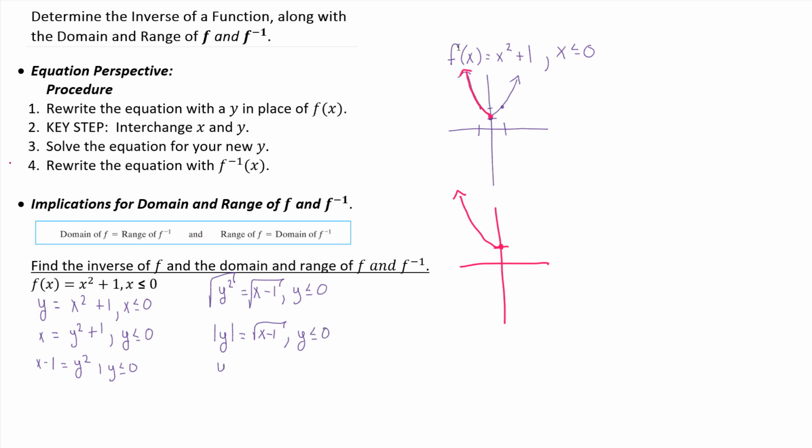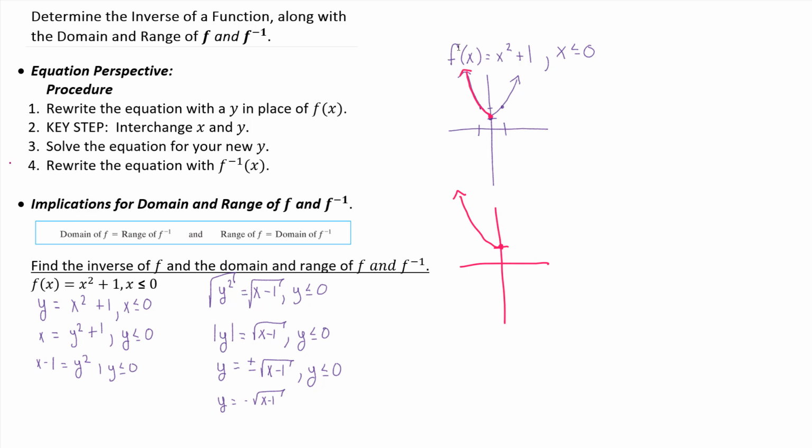But then that means y is either positive or negative square root of x minus 1. But we're saying that y is less than or equal to 0, so y is either negative or 0. So notice the positive part couldn't work here because we have to be negative or 0 if y is less than or equal to 0.